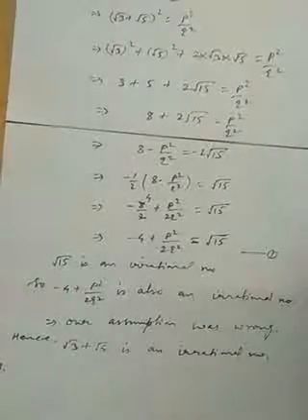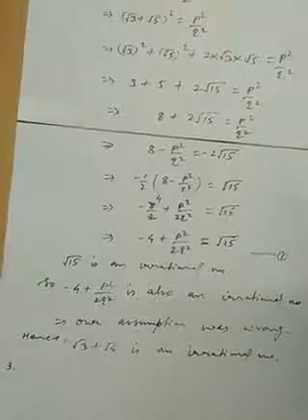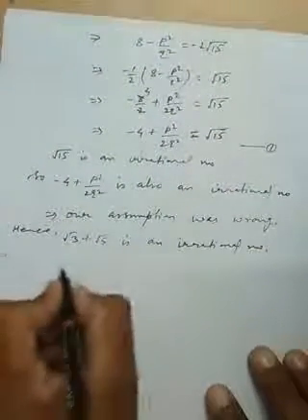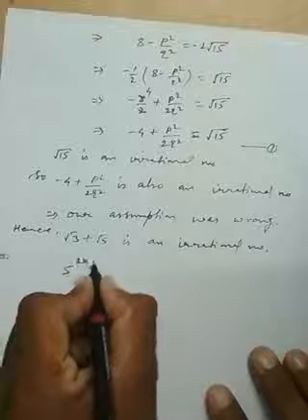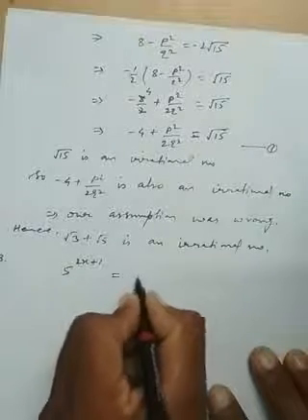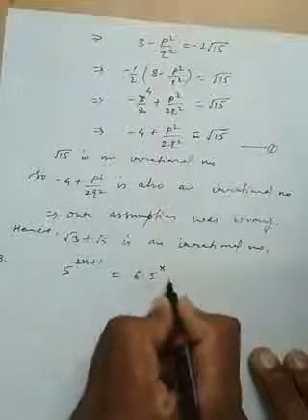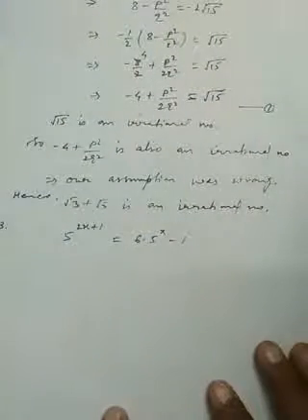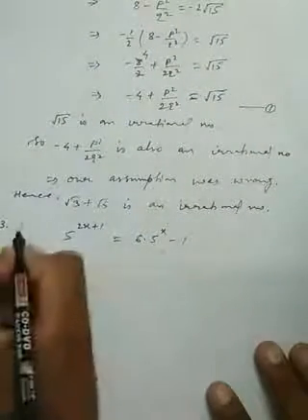Let's move to the third question. Third question is: solve 5^(2x+1) = 6 into 5^x − 1. Solve this equation.